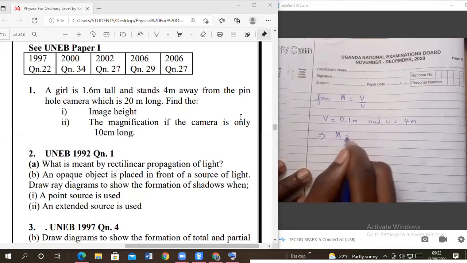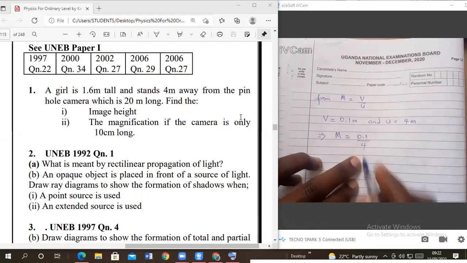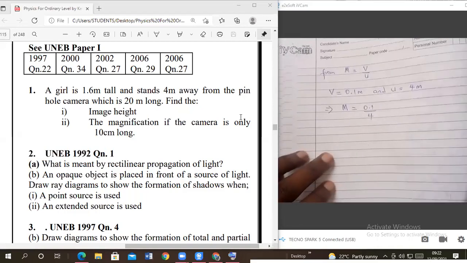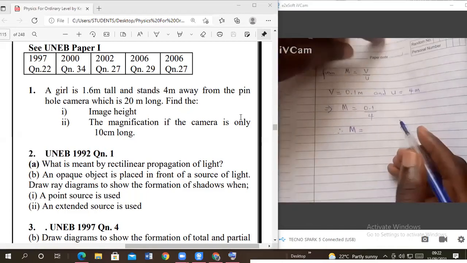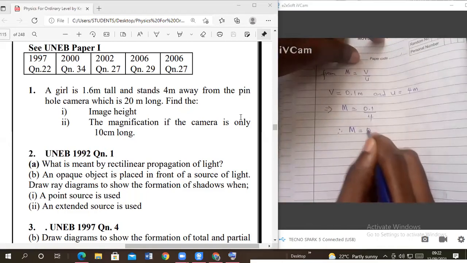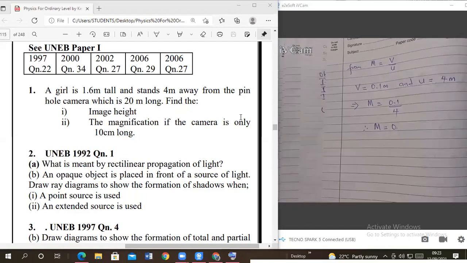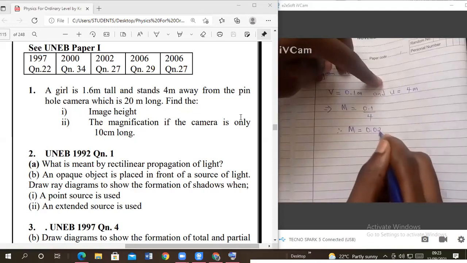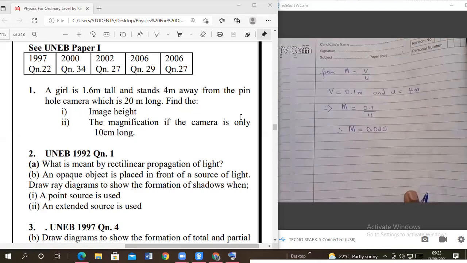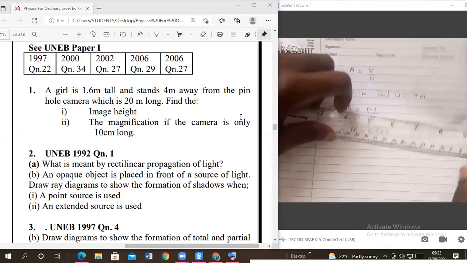So M is equals to 0.1 divided by 4. So what do you get? 0.025. That will be our magnification.